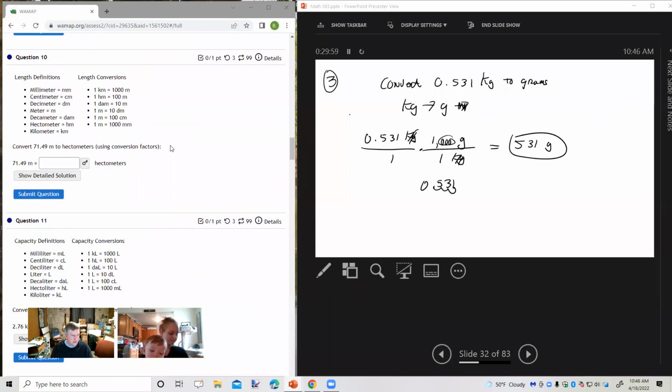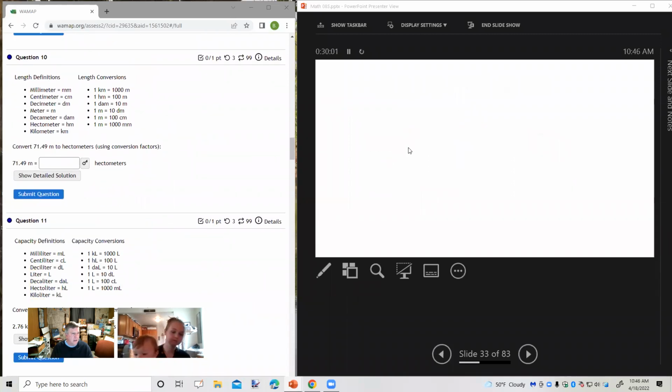Let's start here, and let's look at something like question 10. We're going to convert 86.34 meters to hectometers.